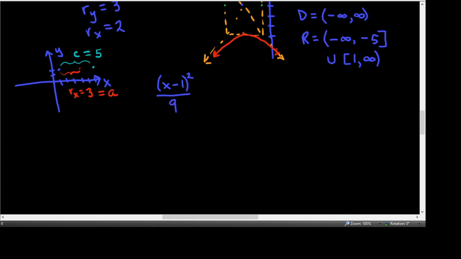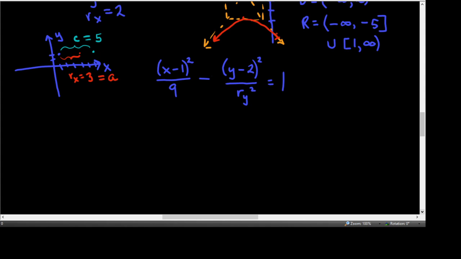So that's 9. Minus the quantity y minus k. Do we know the y coordinate of the center? Yes, we know it's 2, so it's y minus 2 squared. Do we know r sub y? Well, in my picture, I don't have anything in the y direction from the center, so for right now, that's unknown. I don't know what that is. Equals 1.